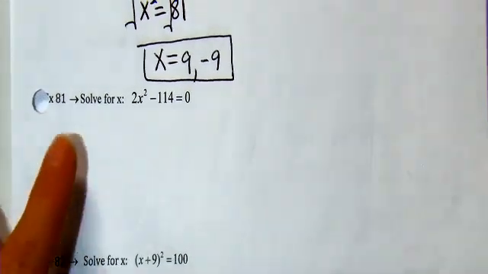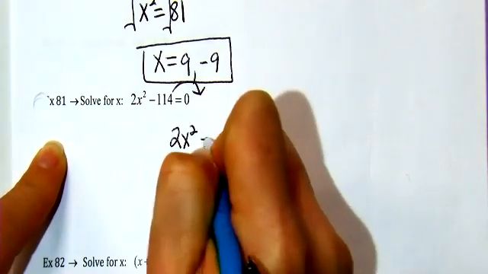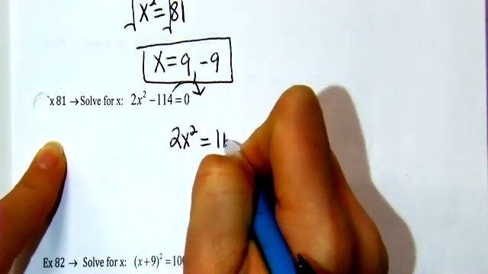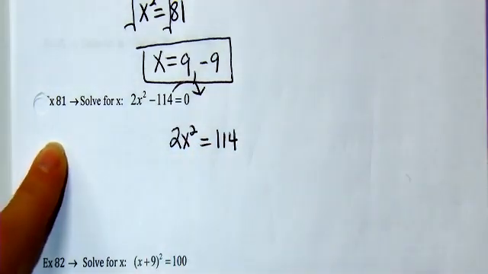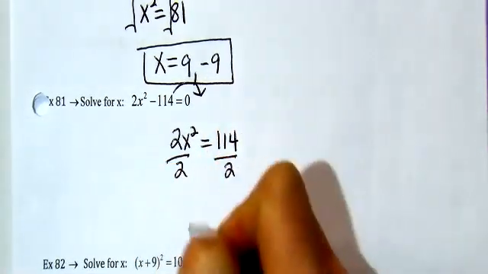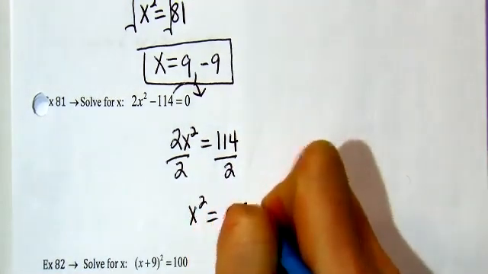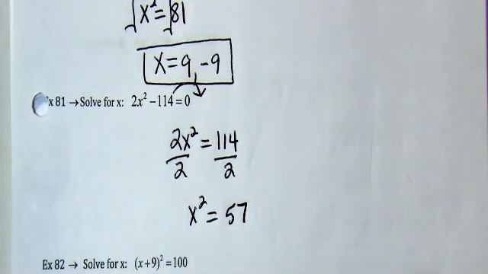So example 81, we want to move 144 over. So you have 2x squared equals a positive, I said 144, it's 114, I apologize. And then we divide by 2, so we get x squared equals 114 divided by 2 is 57. So once we've isolated the x squared, that's what we have to do.